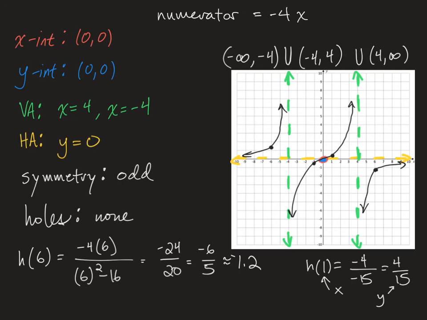And if you set this numerator equal to 0 and solve for x, you'll notice that there's an exponent on this x, and it is 1. When you solve for x and you get x equals 0, this has a multiplicity of 1. And whenever you have an odd multiplicity, the graph will cross through the x-axis.